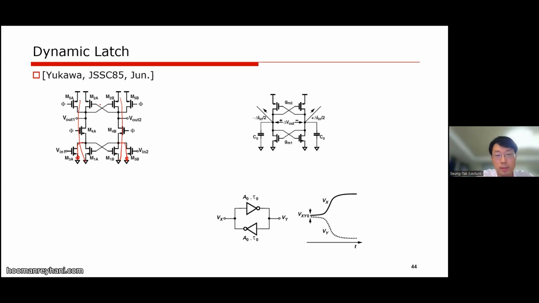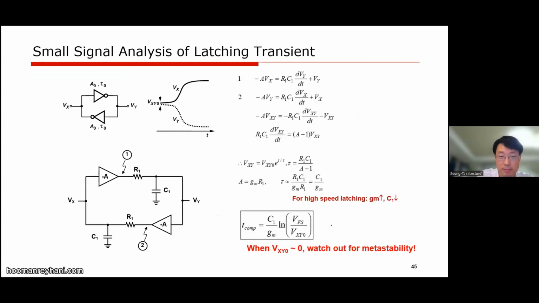Because of this positive feedback, as you know, the small signal difference at the initial will be exponentially increased. So at a data converter, at a given time, we need to generate a logic level signal difference. So positive feedback is needed, not a high gain amplifier. A high gain amplifier is not proper.